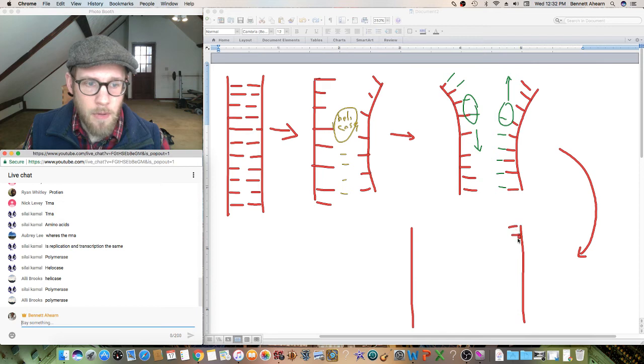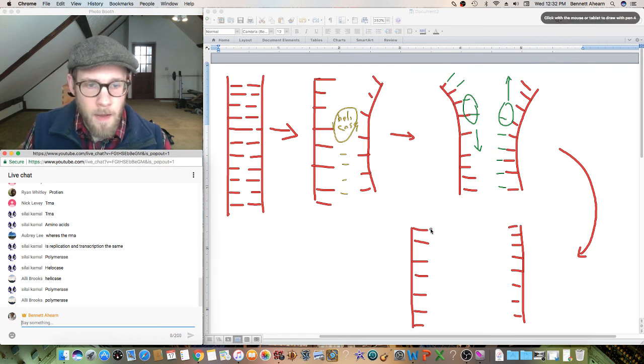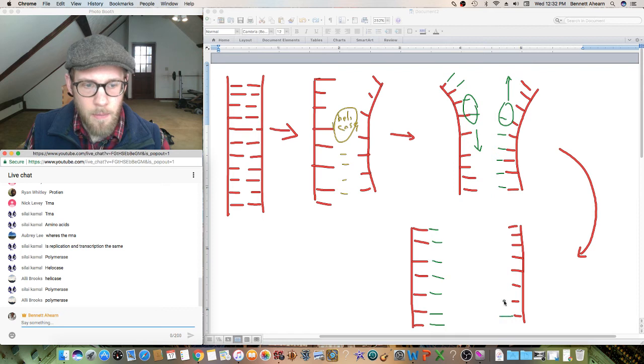Same thing over here. I'm sorry for my childlike drawing skills, but using a mouse is not the easiest thing. And the polymerases are gone. They've done their job. They've built their bases, added their bases onto the strands.